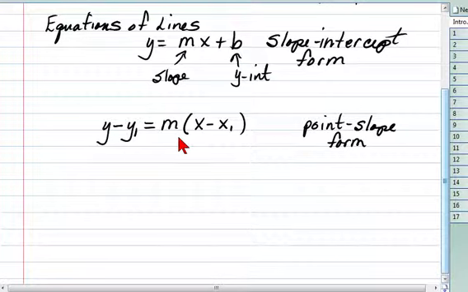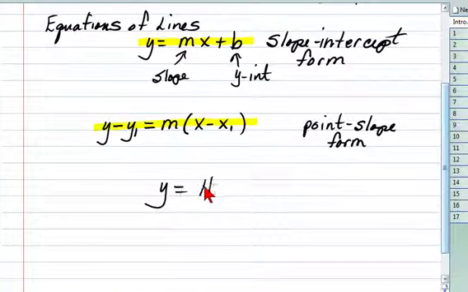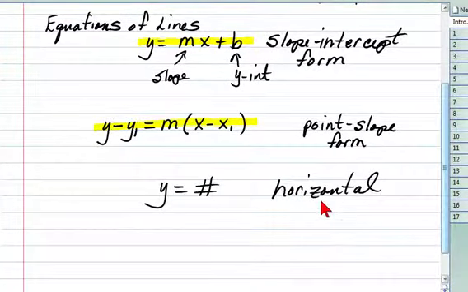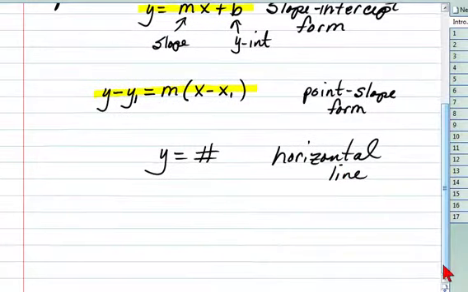Okay, now there are other equations of lines. So far, I have slope-intercept and I have point-slope forms. We also have y equals some number, and that is the form of a horizontal line. If your line is horizontal, then it is y equals a number.